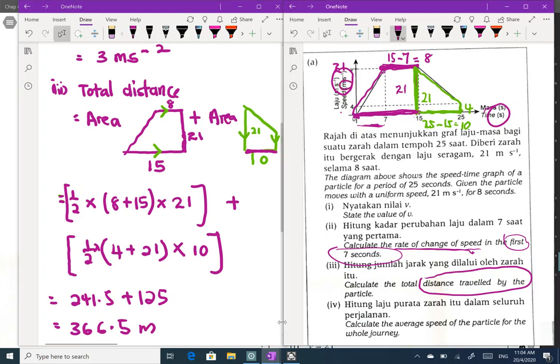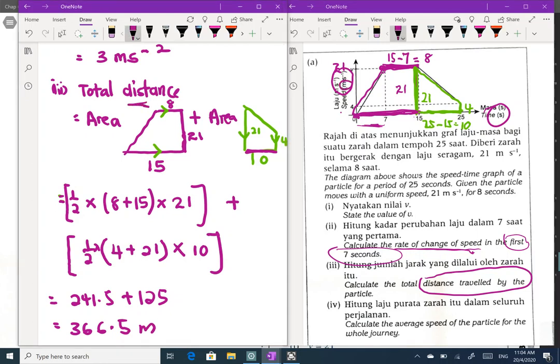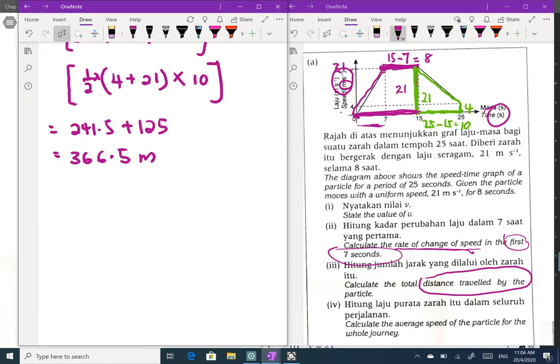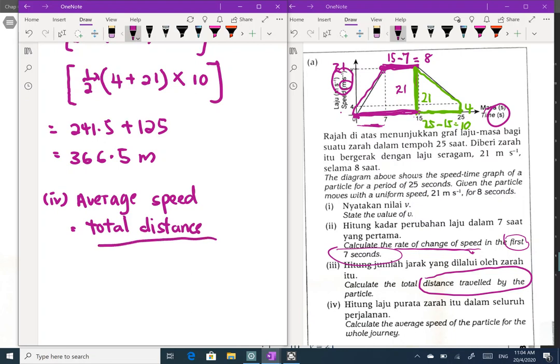Distance. Okay, number 4. Calculate the average speed. What is average speed? Average speed is using the formula total distance divided by total time.